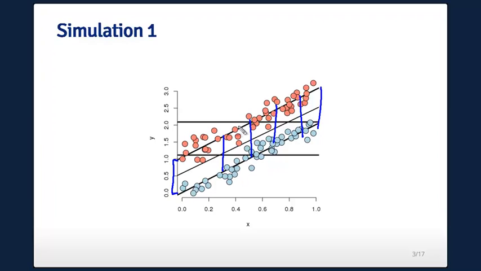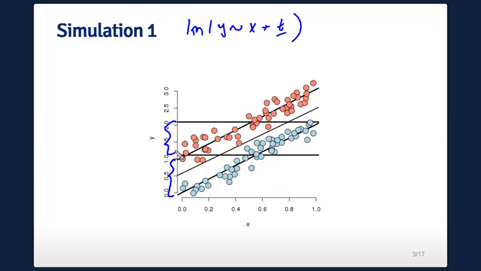This is the effect that we get if we fit the model lm y tilde x plus t. That adjusted treatment effect is that distance right there. But if we disregarded x and just did an analysis without covariate adjustment, here's the difference in the means.